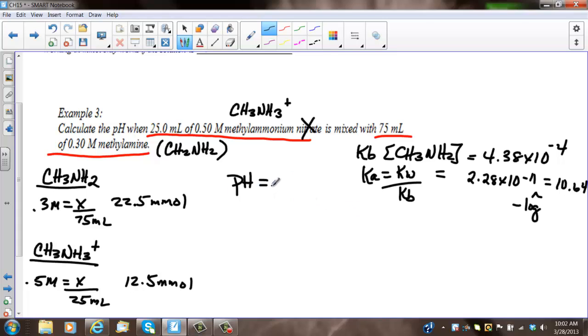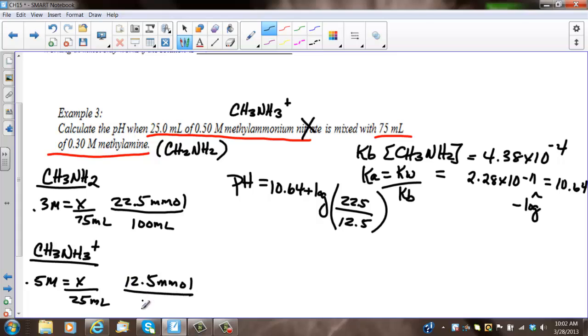So pH equals 10.64 plus the log of the base, so my base is 22.5 over my acid, 12.5, and this would be over 100 total. I just want to show you that 75 and 25 mils is 100 mils. And I can get rid of that because they're the same, which is why I only have 22.5 over 12.5. So my pH is equal to 10.9, which should make sense because this is a basic solution and the pH is greater than 7. Let's set it up the other way.